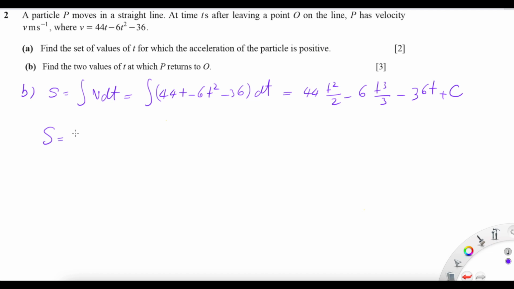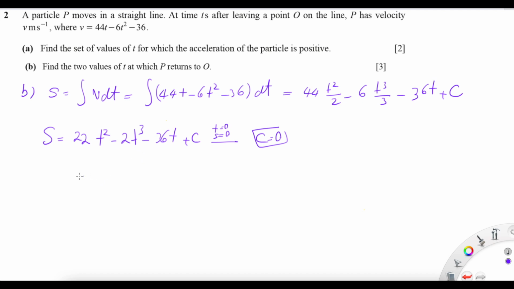So it simplifies to 22t squared minus 2t cubed minus 36t plus c. We know that when t is 0, displacement is 0, so c will be 0 as well. So this is our displacement.